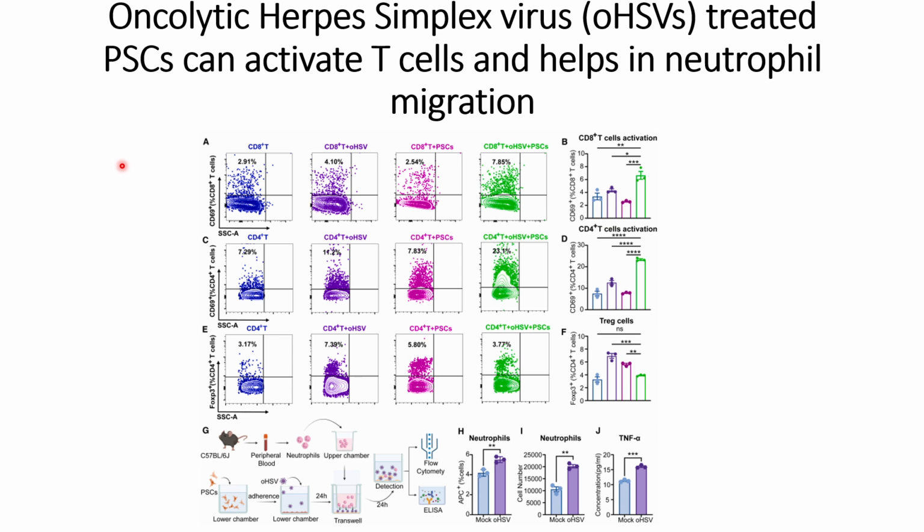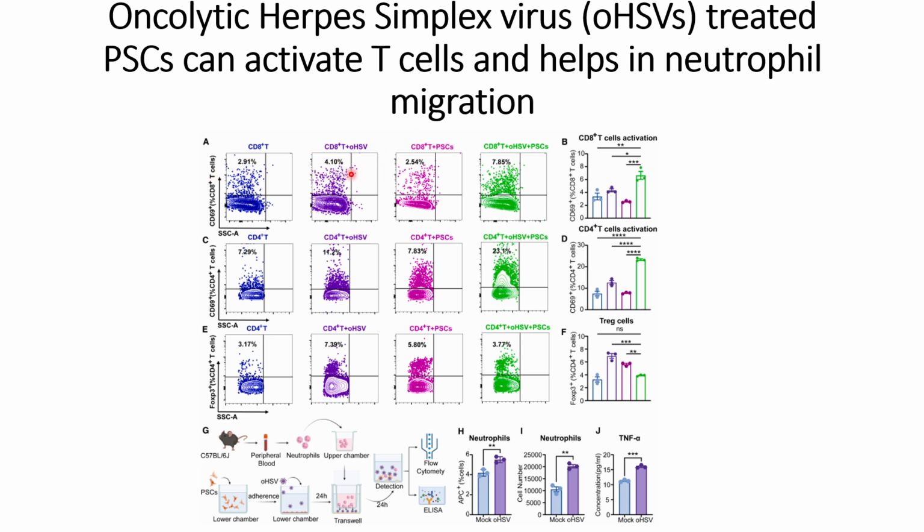In order to check that, they co-cultured CD8 plus T cells and CD4 plus T cells with PSC treated with Oncolytic Herpes Simplex virus and PSC not treated with the virus. When CD8 plus T cells were co-cultured with PSCs not treated with the virus, there is not much significant increase.